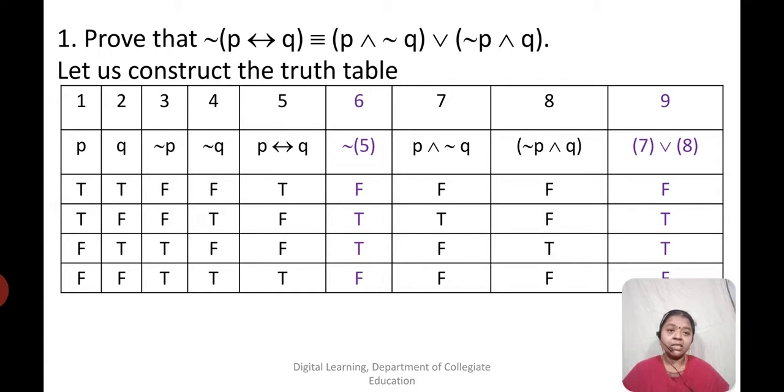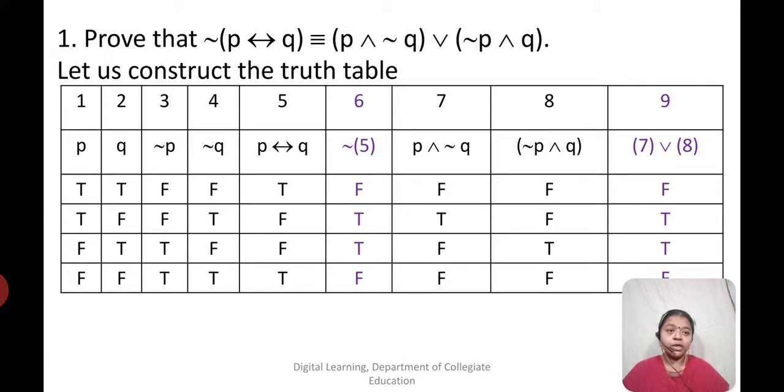Now in the right hand side part, the first term is P and negation Q, which I have written in column number 7. The second one, which is there in the given bracket, is negation P and Q, which I am writing in column number 8. Now column number 7 and column number 8 are again connected by the logical connective OR, which I am writing in column number 9.